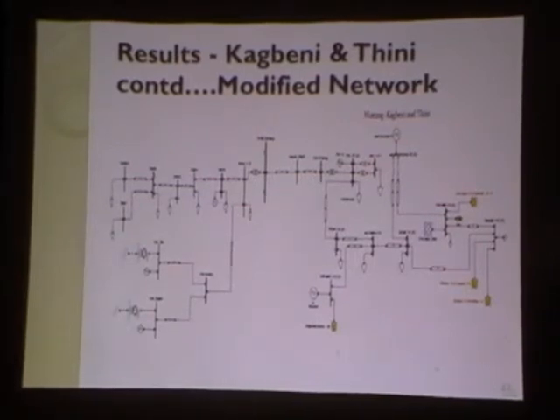So for that case, if we integrate the wind power to the far hill substation at the 11 kV voltage level, then we can penetrate more than 4500 kilowatt in the Kagbeni and Thini corridor, which means that we need a separate transmission line to evacuate the wind power from that corridor in order to integrate it to the grid.